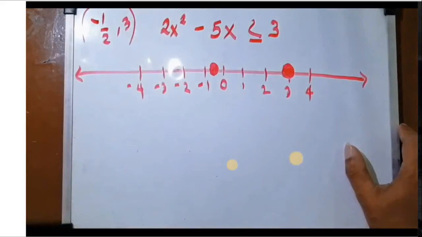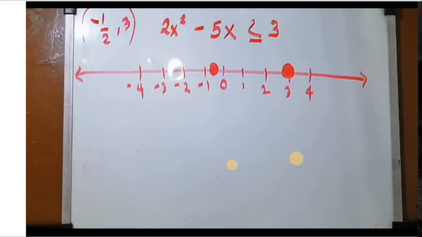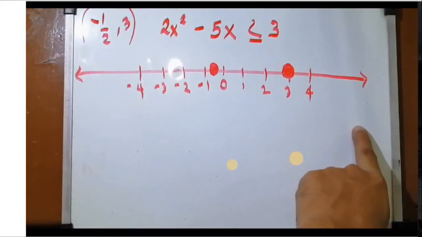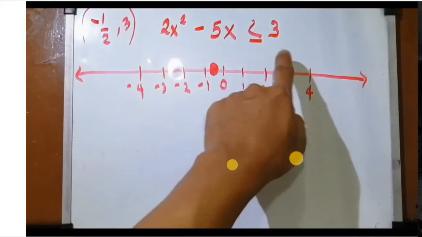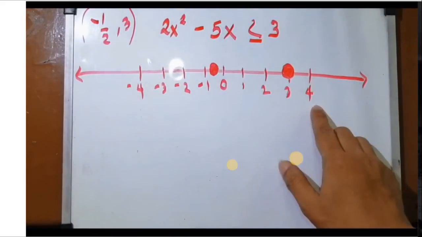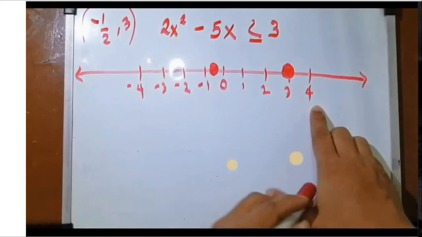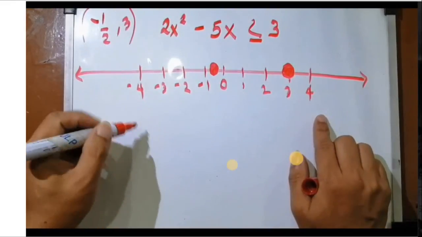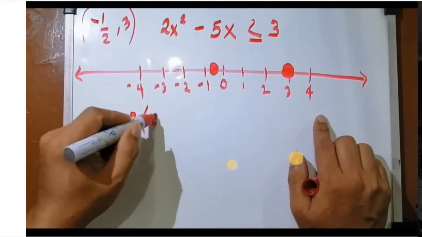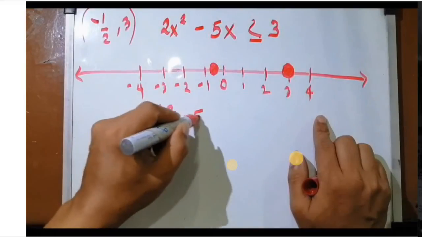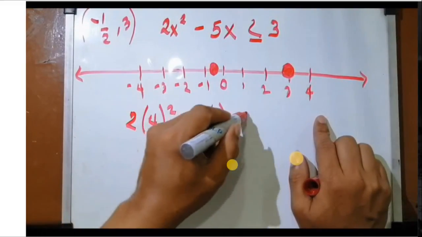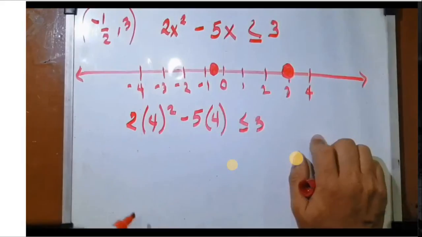Negative 1/2. Okay, so ngayon, susunod natin gagawin is magte-test tayo ng mga points kung saan magiging true yung ating equation. Kuha lang tayo ng mga points dito. Okay? Tapos i-substitute natin doon. So, halimbawa, kunin natin si positive 4. Try natin dito kay x. So, 2 times 4 squared minus 5 times 4, less than or equal to 3 ba siya?